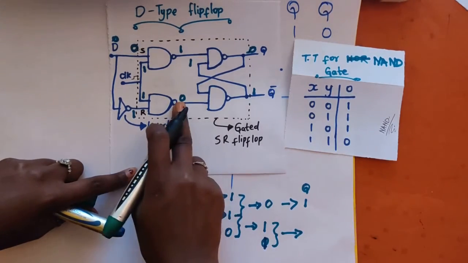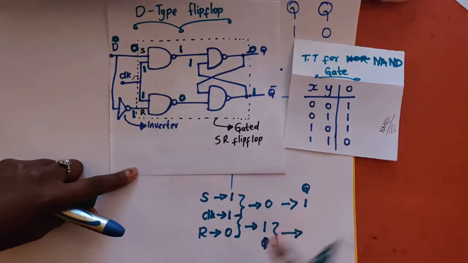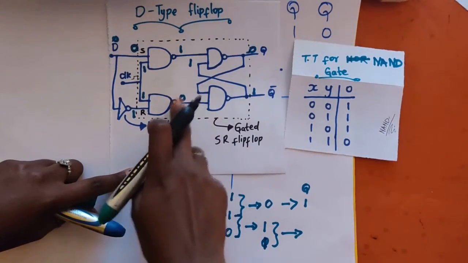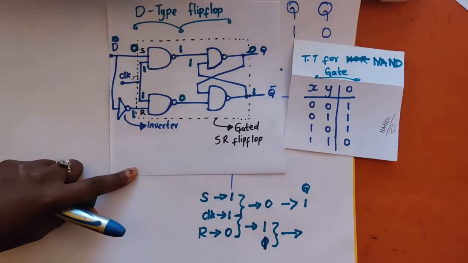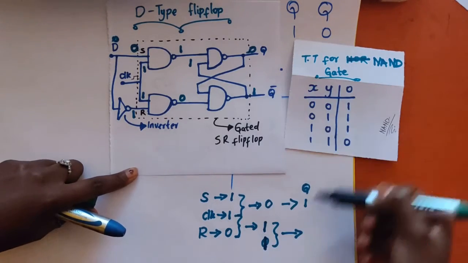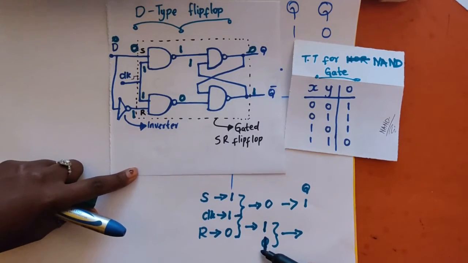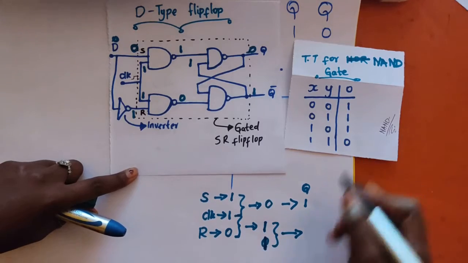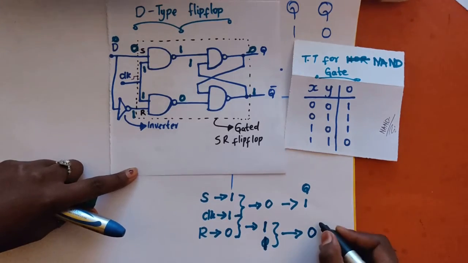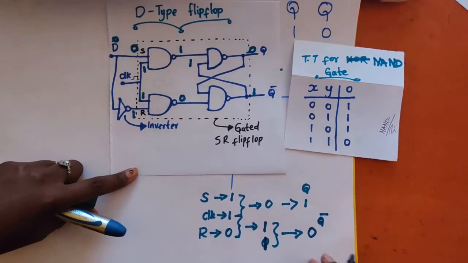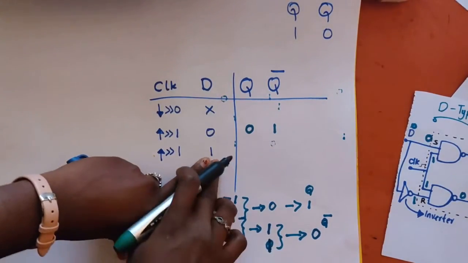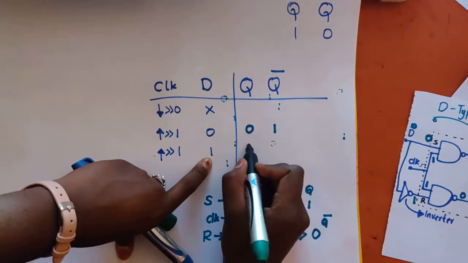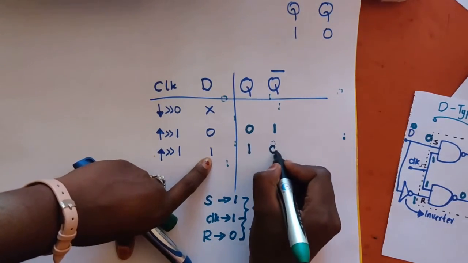Sorry. I've confused myself. This is a 1 and a 1. Since our output was 1, our other output, because Q is 1, this will be 1. Yeah? So 1, 1 results to a 0, and therefore Q naught is a 0. And therefore here, when we have our input as 1, Q is 1 and Q naught is 0.